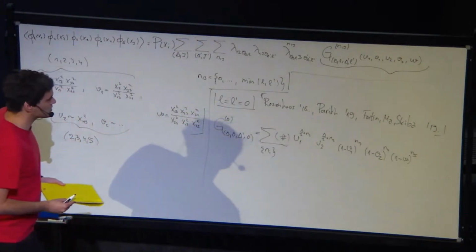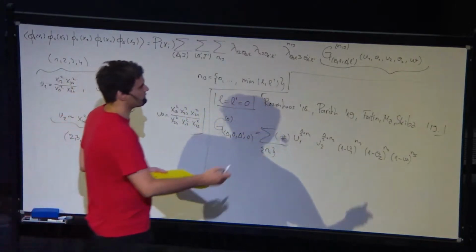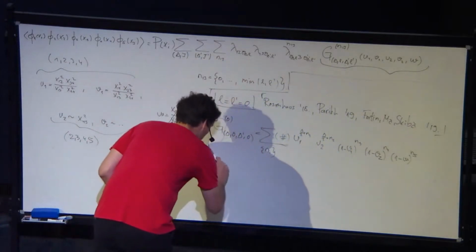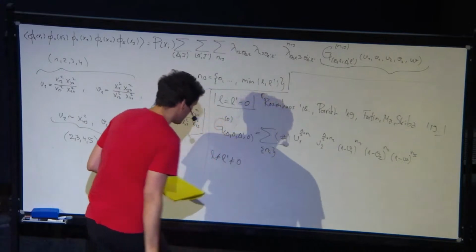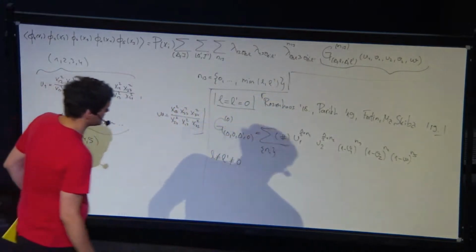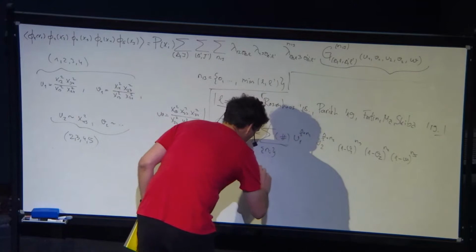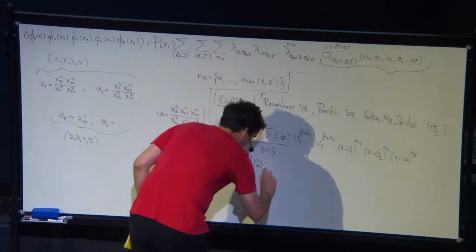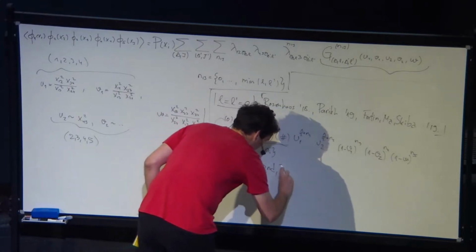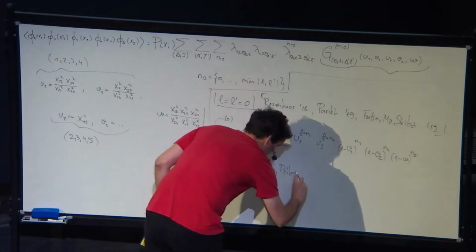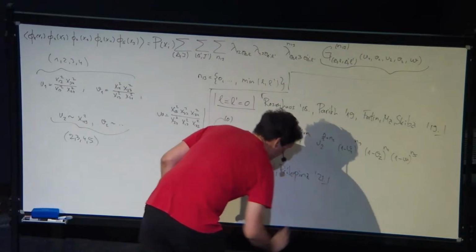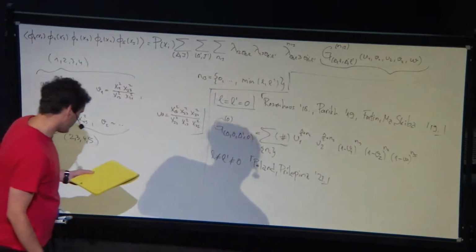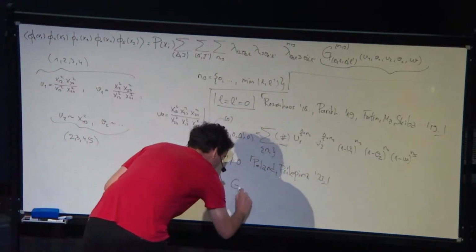But then if you want to consider spinning 5-point blocks, so in the case where L and L prime are not equal to 0, there are formulas written by David and Valentina in 2021. So they have given us recursion relations of the following type.